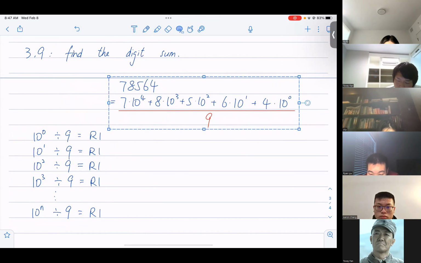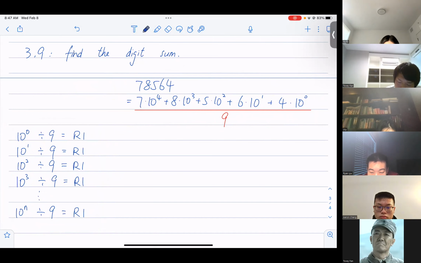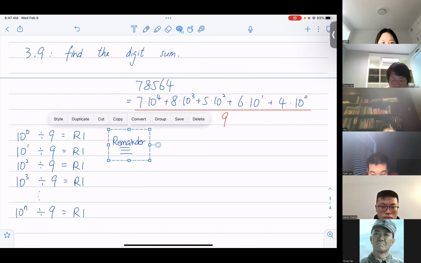Okay, so now if you divide all of these by 9, we look at the remainder of each term. Remember, we can use this from chapter 10, where we said that the remainder represents the units digit. Units digit or remainder, they mean the same, right?